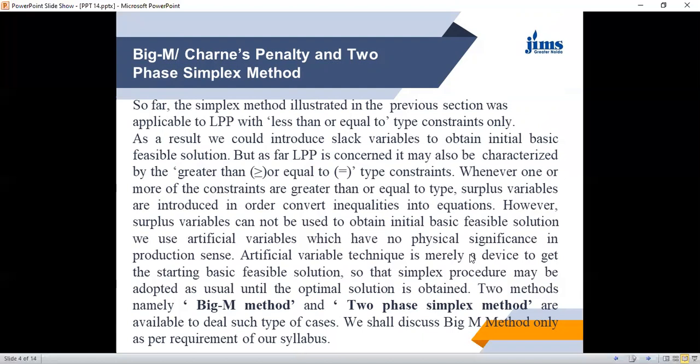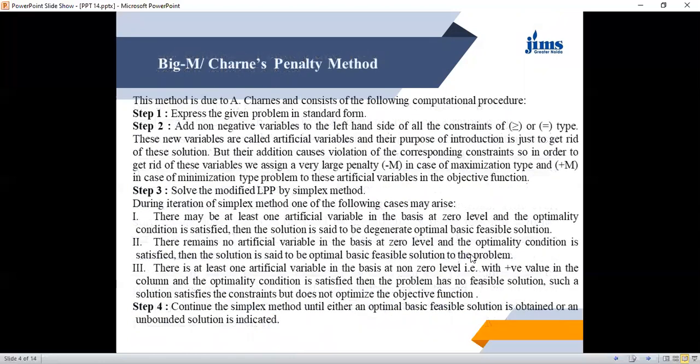If x1 plus x2 is equal to 10, no problem. But if x1 plus x2 is greater than or equal to 10, then there has to be some quantity which needs to be subtracted from the left hand side to make it equal to the right hand side value, that is 10. So we say x1 plus x2 minus s1 will be equal to 10.